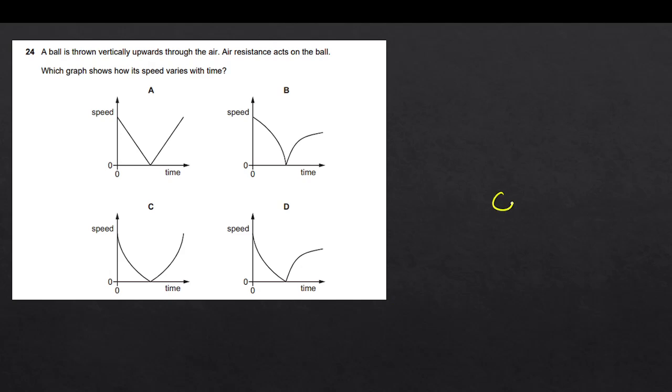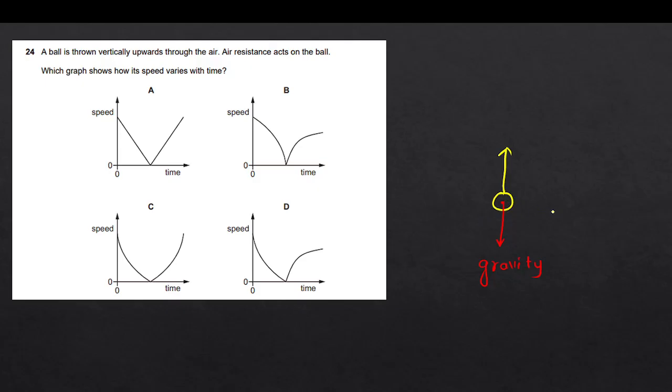When a ball is thrown vertically upwards, the air resistance acts downwards. If I look at all the forces which are acting on it, the first force which acts on it is gravity. So the gravity acts downwards. Then we will have the air resistance. The air resistance also acts downwards.